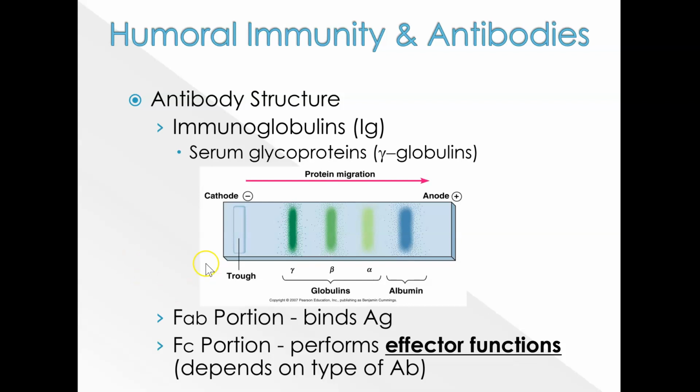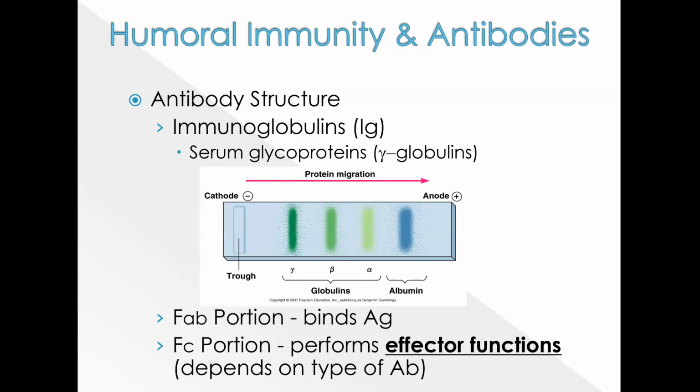And the portion that came out in the gamma portion of this protein array was the proteins that seemed to have some type of immunological function. So it was the gamma fraction of these proteins, and we knew that they had an immune function, so we called them immunoglobulins, or Ig for short.